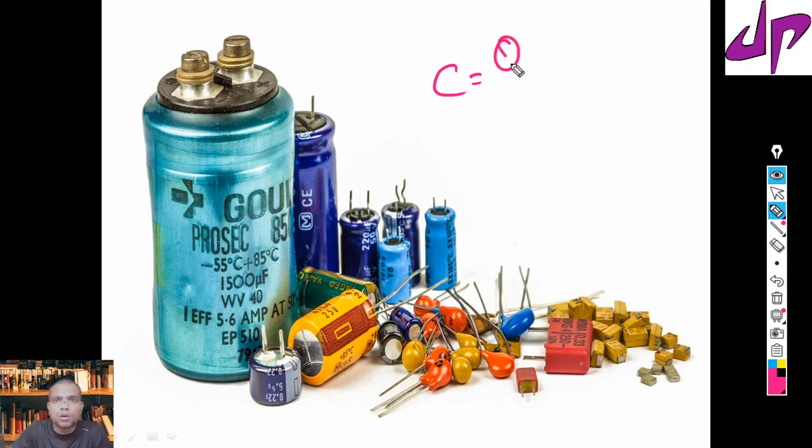C is equal to Q upon V. Suppose you want to store more charge when you apply a potential difference, then the capacitance of the capacitor also should increase.